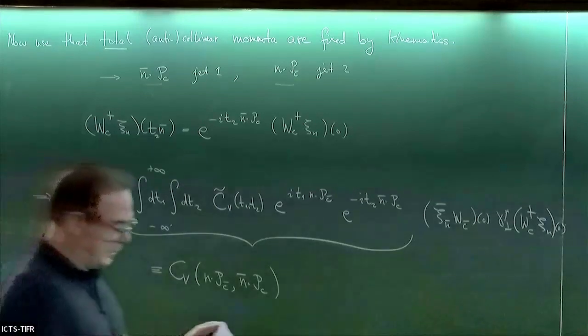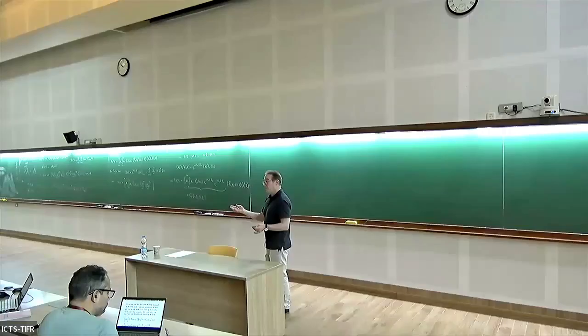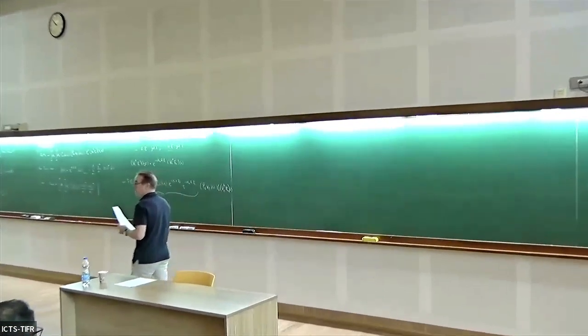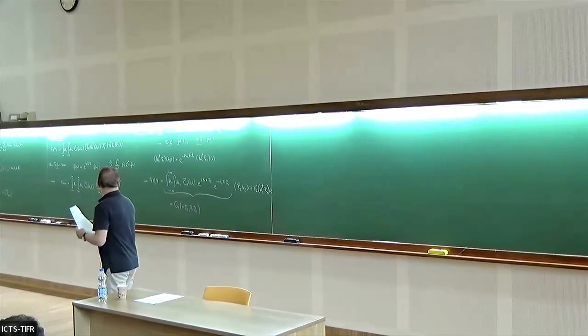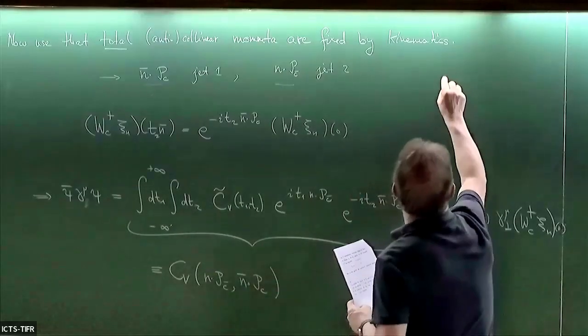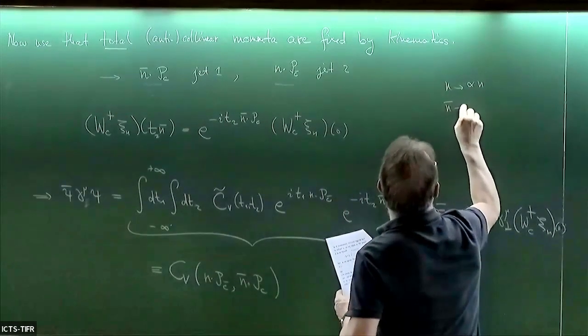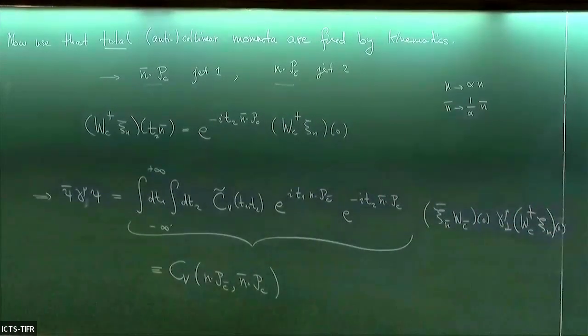Now we remember that Anish has this beautiful paper about reparametrization invariance, and it told us that things have to be invariant under rescalings of n and n bar with opposite factors. So if we rescale n to alpha n and n bar to 1 over alpha n bar, things have to be invariant.